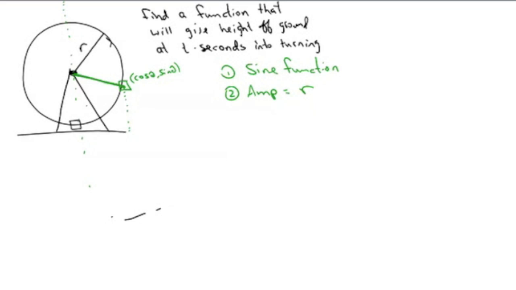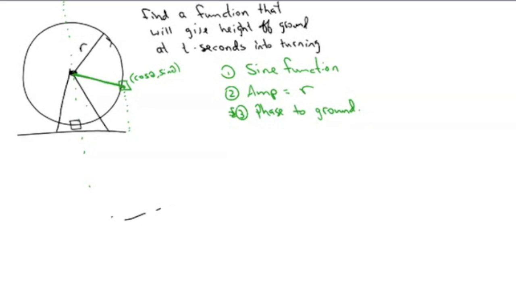The problem is, my cart is not going to start when the angle is equal to 0, because when the angle is equal to 0, my cart's up here. And that's not where we want to start. We want to start way down here. So I need to do a translation, a phase shift. So 3, we need a phase shift.